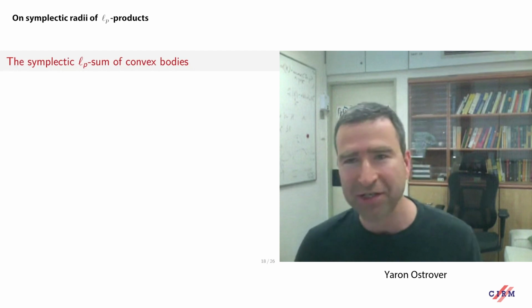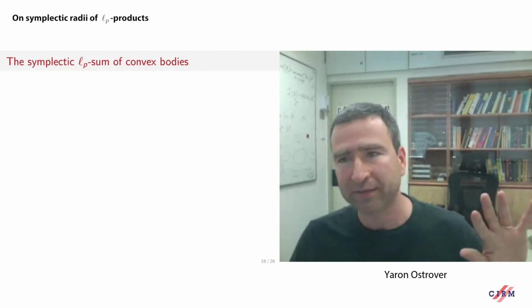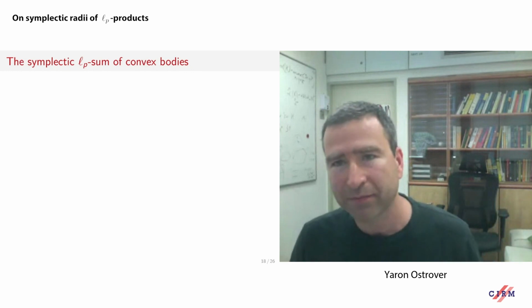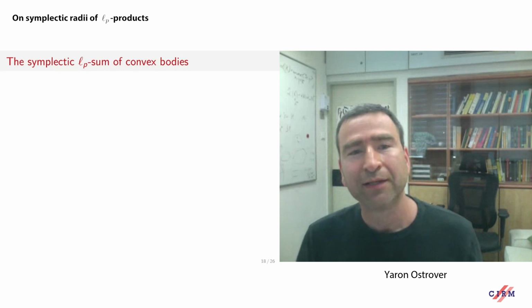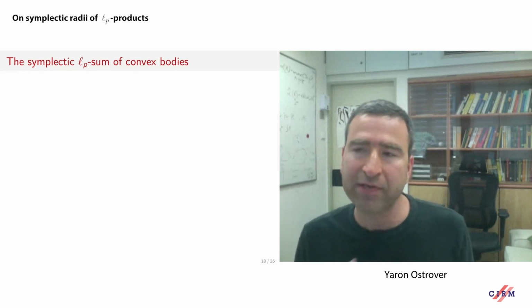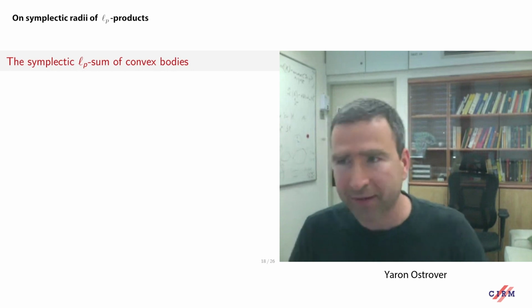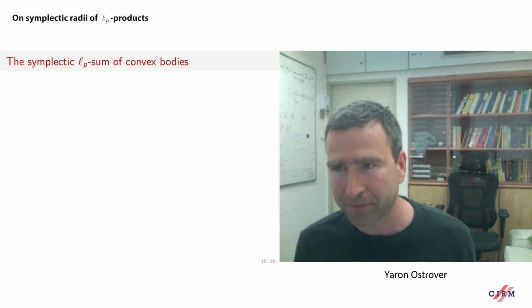So I'm changing the setting now. Instead of looking at the P sum of convex bodies with respect to a Lagrangian splitting, I'm going to consider the P sum of convex domains with respect to a symplectic splitting. Okay, they're completely different dynamical systems.